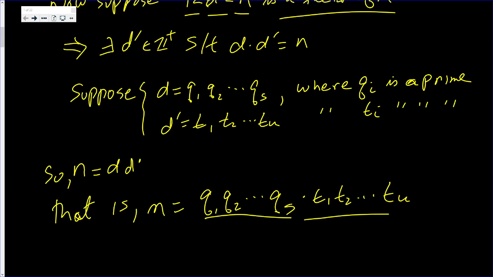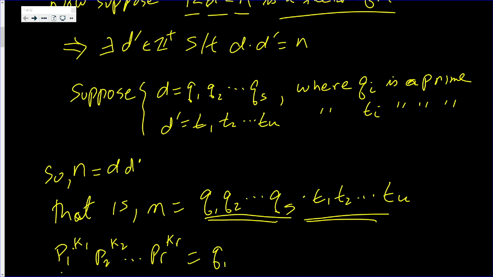Now, I want to write this just a little differently. Let me put it down here. n is p1 to the k1, p2 to the k2 all the way up to p sub r to the k sub r, and that equals d times d prime.